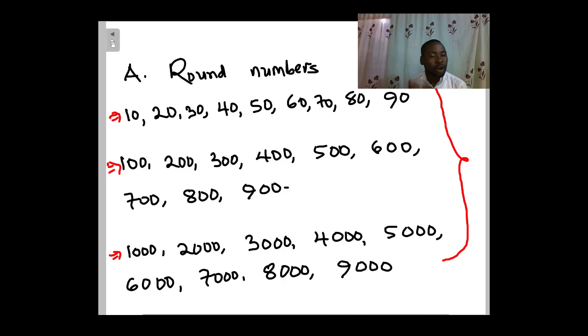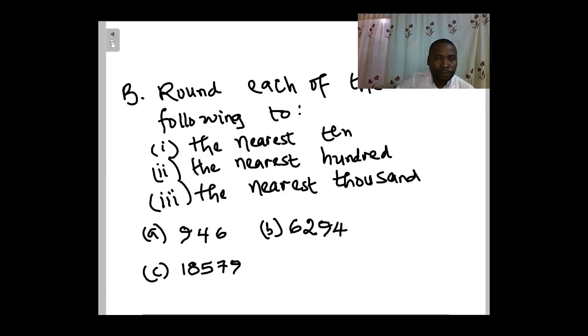Then the last set, all of them are in thousands: 1,000. Now, keep this in mind because we are going to be making use of them. When we start solving problems, we are going to be making use of these three sets of numbers. That is why you must understand them very well.